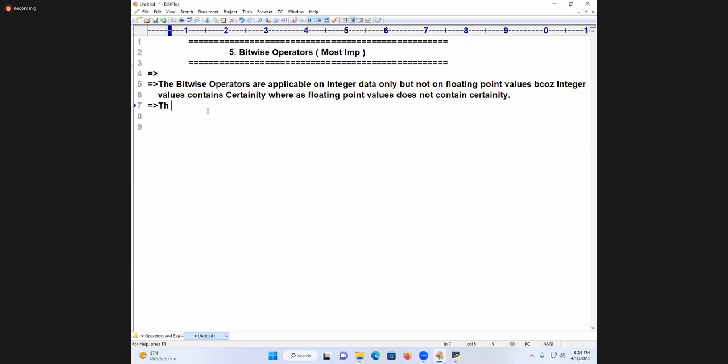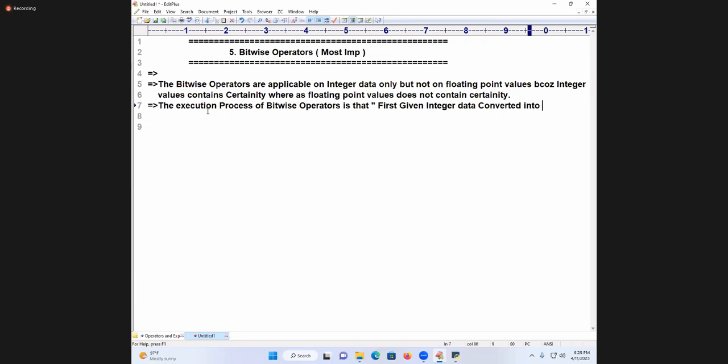The execution process of bitwise operators is that first the given integer data is converted into which type?